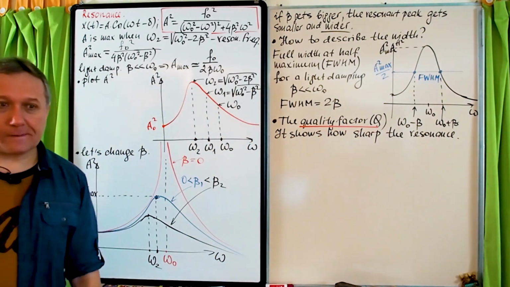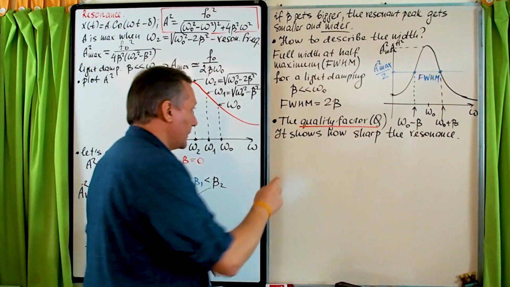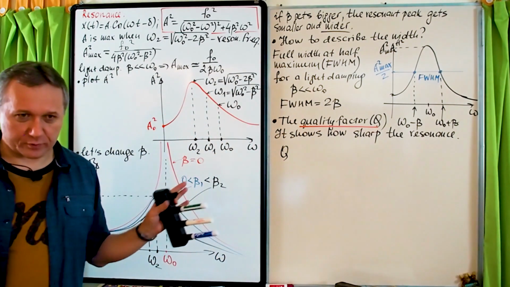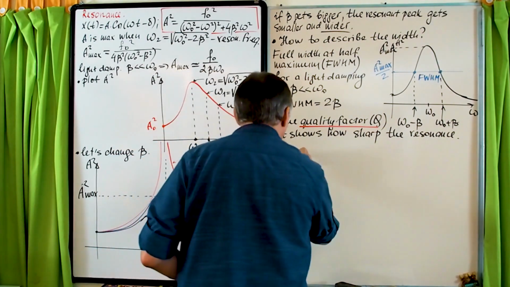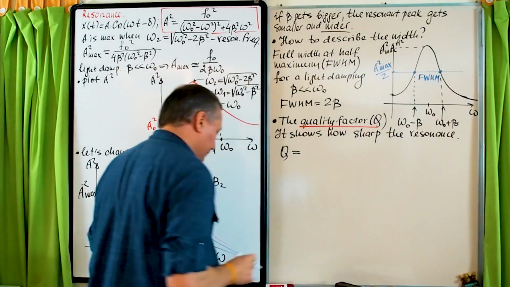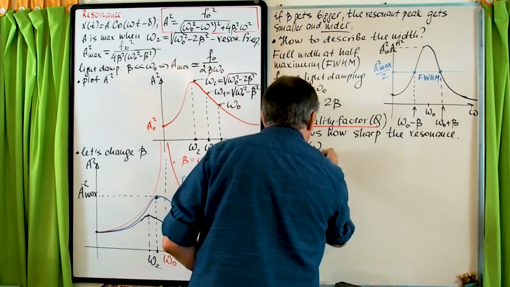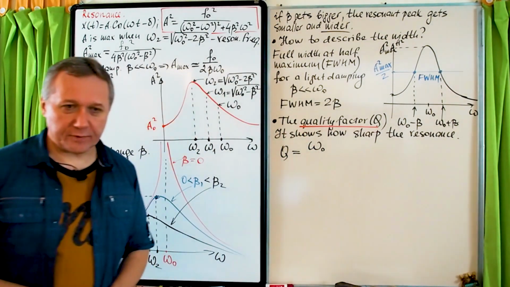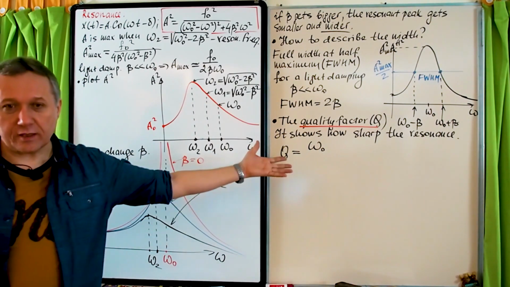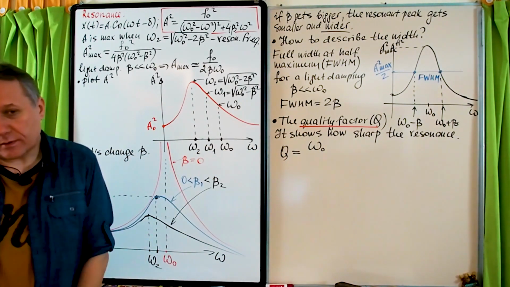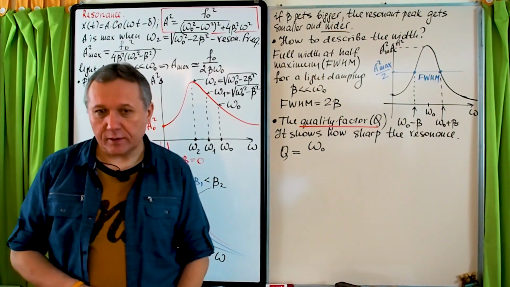Okay, so it is defined in this way. Q, actually there are 2 expressions, but of course let's start with the first one, and then we will compare them. It will be equal to the resonance frequency. In this case it's the natural frequency, but because it's a case of light damping, the resonant frequency basically equals the natural frequency.